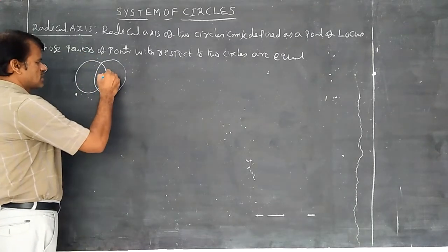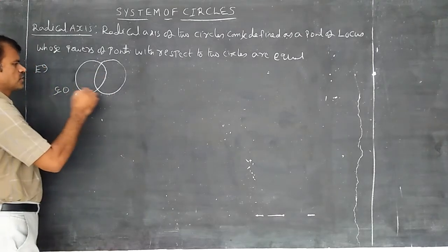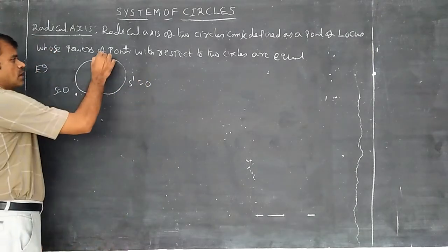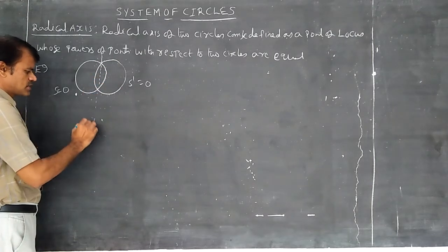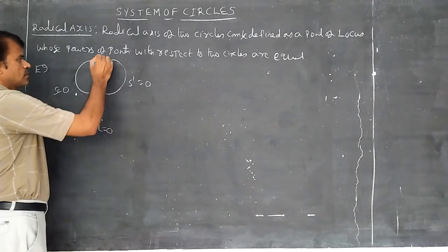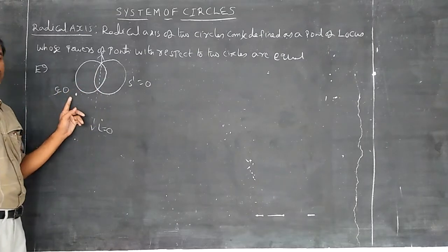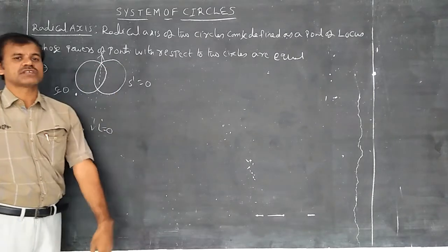that is intersecting the circle. Let this circle be S equal to 0 and this circle be S dash equal to 0. If we draw a line like this, it is the set of points L equal to 0. The line L equal to 0 is inside the circle S equal to 0 and also inside the circle S dash equal to 0.